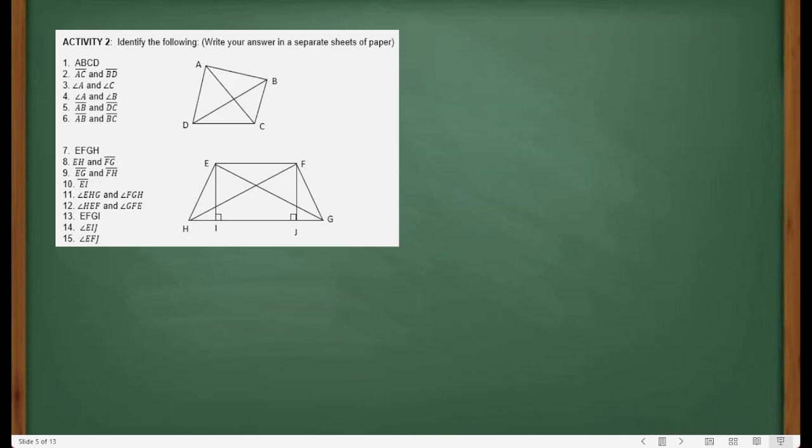And from each name, you need to determine what geometric figure is that name from each of the 15 items. Again, what geometric figure with that name from a particular item. Let's begin with number 1. Or better yet, I'll give you enough time to think about the answers to these 15 items.